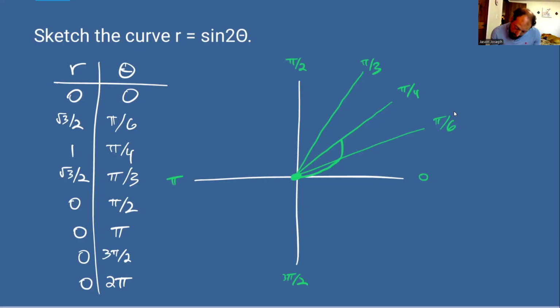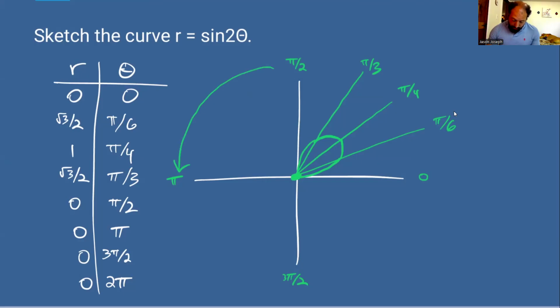And then it comes back to where it was here in terms of radius. And then at an angle of pi over 2, it comes back to 0. Okay, so that completes one loop.